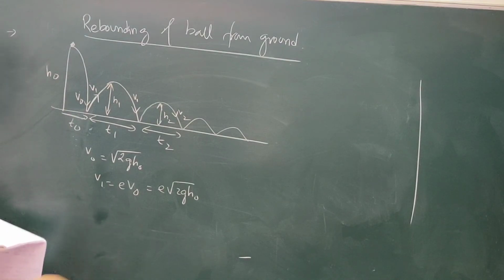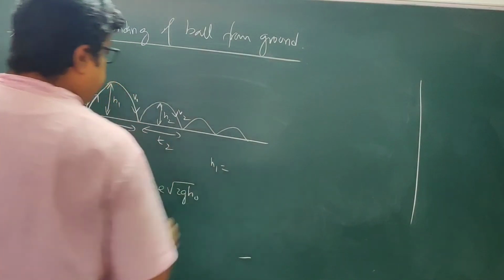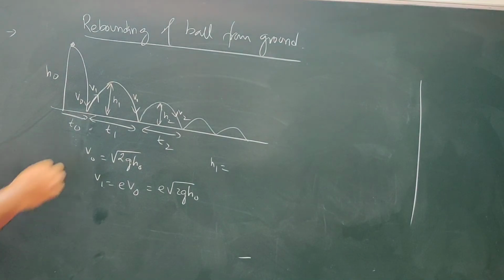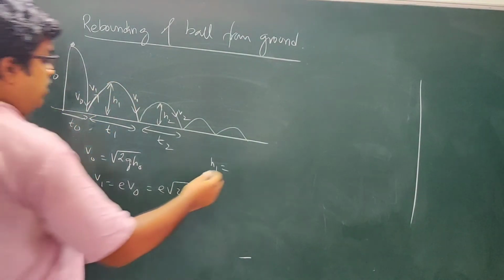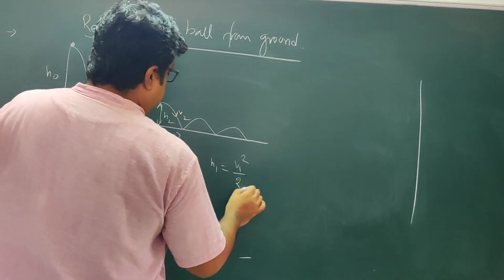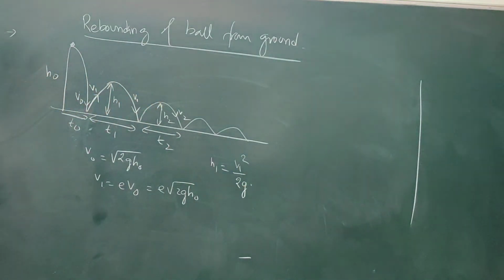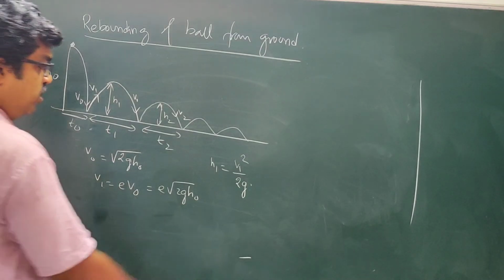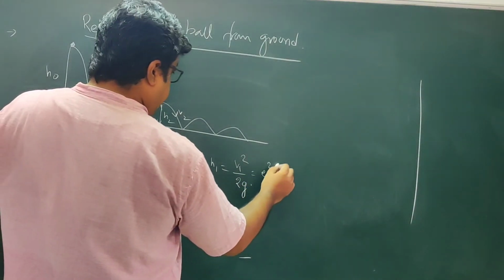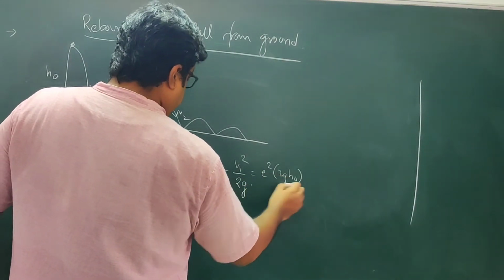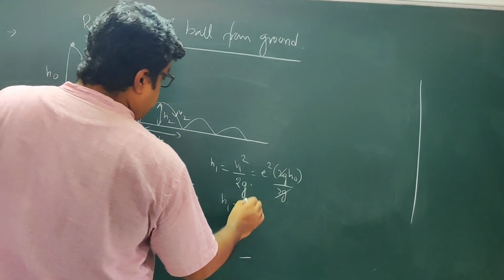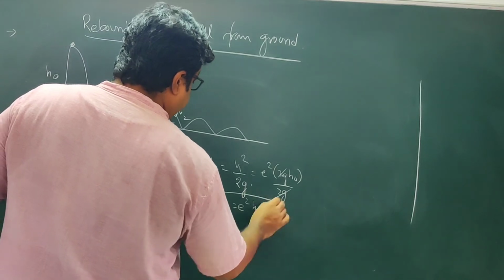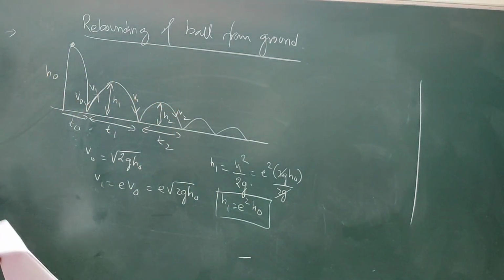Now similarly, h1 is the height acquired after this first bounce, going upward with velocity v1. So h1 will be equal to v1 square by 2g. But what is v1 square? It is e square times 2g h0, divided by 2g. So 2g cancels, and h1 is equal to e square h0.